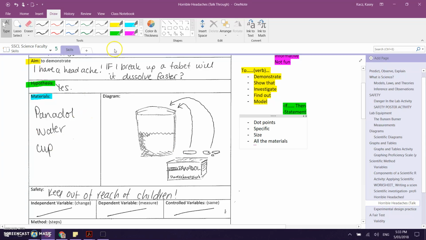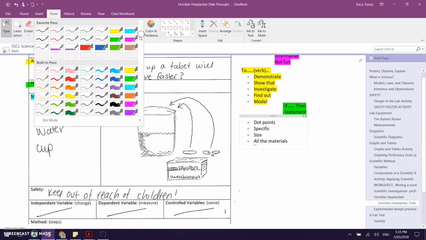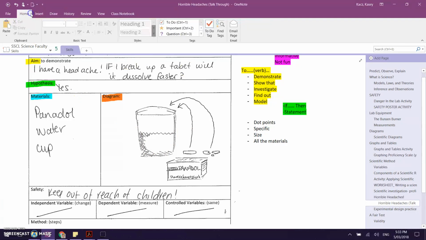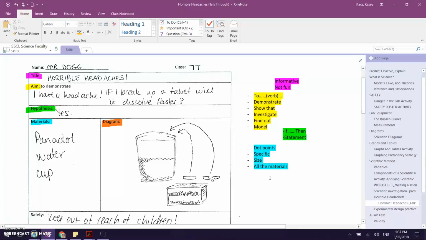And that's a little bit different to the scientific diagram, where you're not going to draw everything even though you've listed everything. And that brings us to our scientific diagram. So a scientific diagram is meant to help the person doing the experiment know how to set it up. And there are quite strict rules for drawing a scientific diagram.